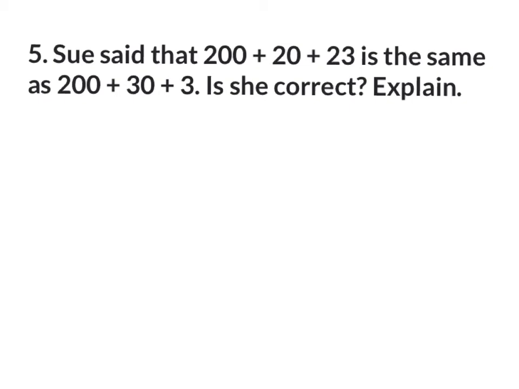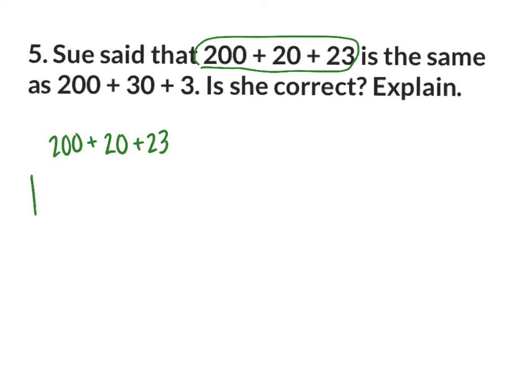All right, let's look first at this expanded form and let's draw it. So please, on your paper, draw this with me. 200 plus 20 plus 23. So remember, this is hundreds, tens, and ones. So 23 ones.